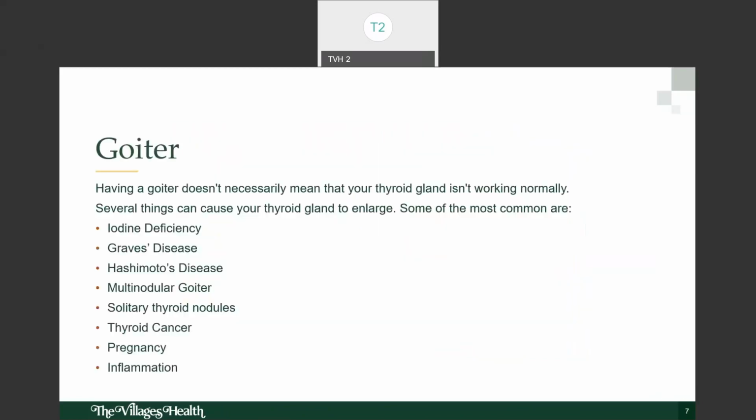Now, having a goiter doesn't necessarily mean that your thyroid gland isn't working normally. There are several things that can actually cause your thyroid to become enlarged and to develop into a goiter.